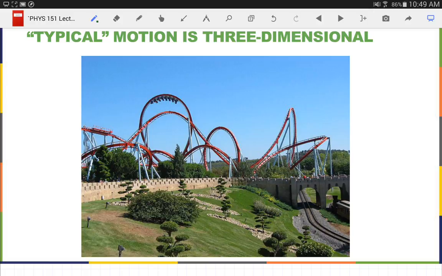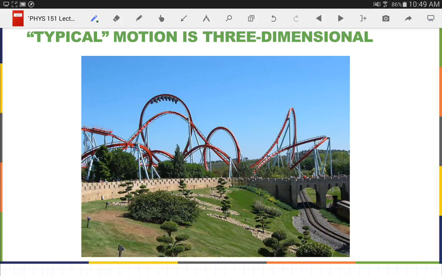I can go around like this. Anything is perfectly acceptable as long as my arms stay perpendicular as I go around the circle. So, we might say up and down, forward and backward, and right and left. Right and left is perpendicular to forward and backward, and both of those are perpendicular to up and down.